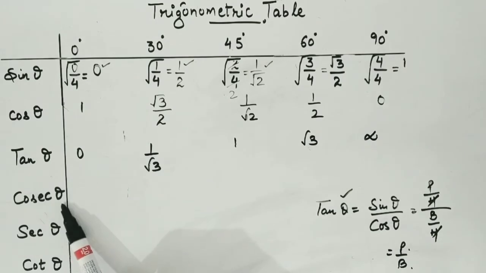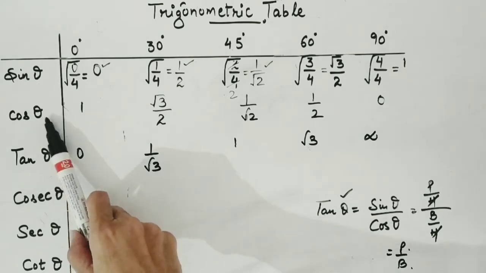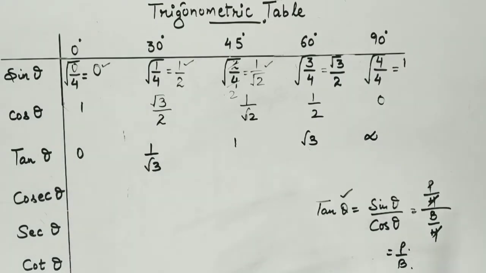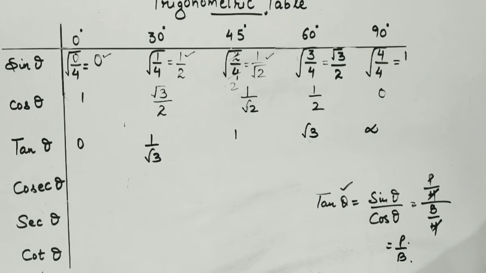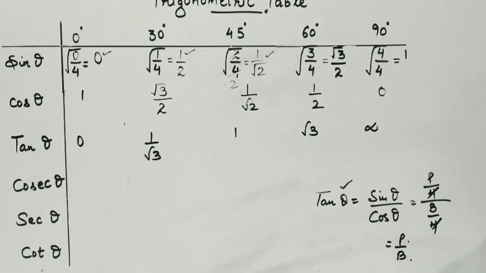Reciprocate sine to get cosec, reciprocate cos to get secant, and reciprocate tan to get cot. So let's now find out the values for the next 3.